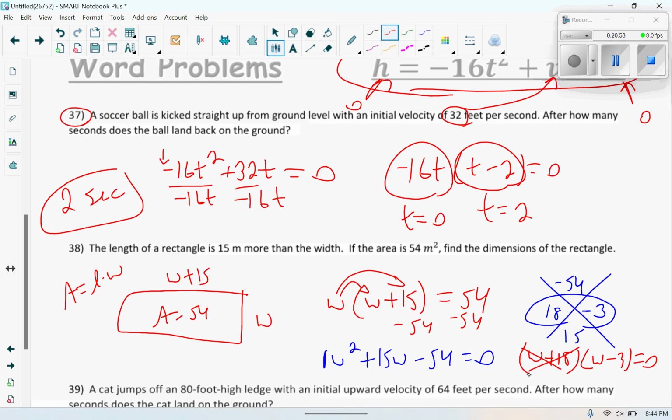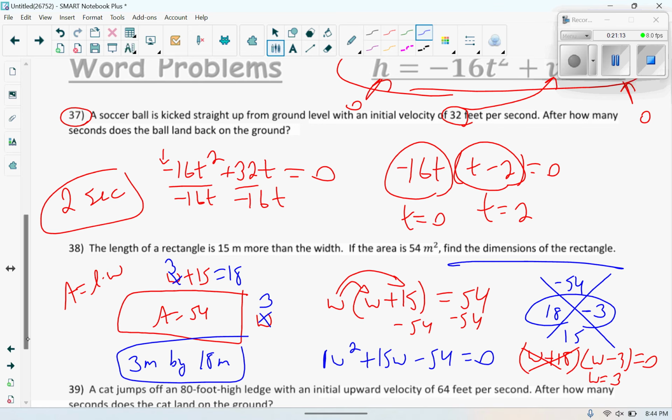And notice anytime it's a plus, that's going to give me a negative answer, so I don't want that. So I know that my width is 3. So if this is 3, that is 18. So to answer the question, dimensions of a rectangle, I'm going to say 3 meters by 18 meters.